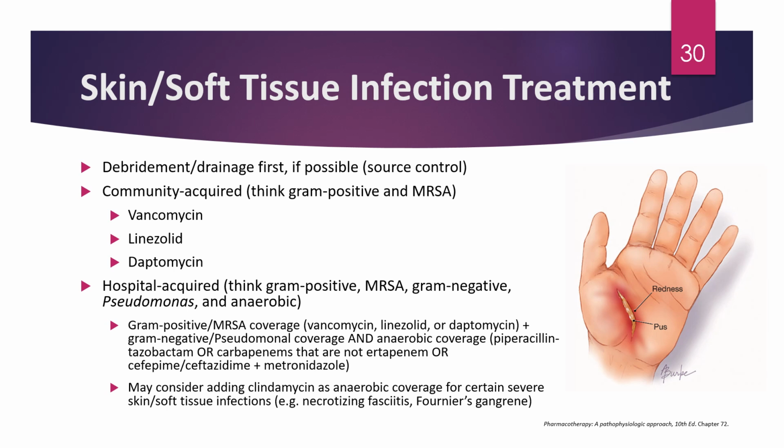If you have a patient with certain types of infections, and this doesn't necessarily apply to all skin soft tissue infections, but sometimes some severe things like necrotizing fasciitis, a very nasty skin soft tissue infection, or Fournier's gangrene, which is almost like a necrotizing fasciitis in the genitourinary and anal areas.